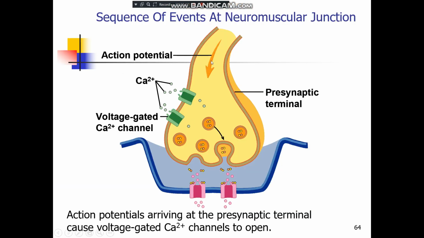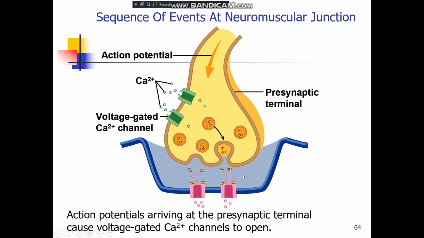See, when the information impulse comes from the motor neuron, the voltage gated calcium channels open, so calcium ions flow inside. It makes the vesicles storing the acetylcholine release them into the neuromuscular cleft.